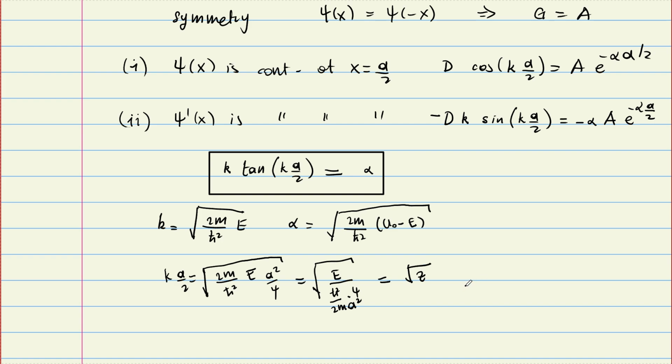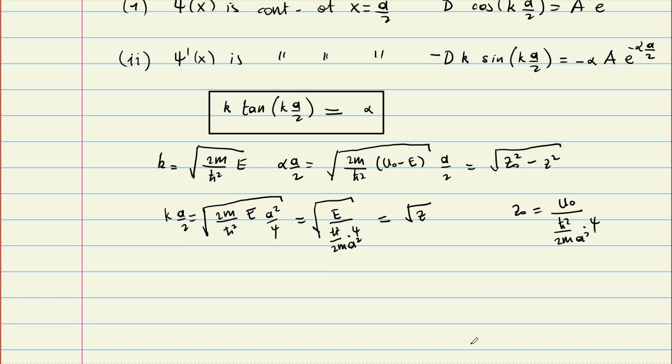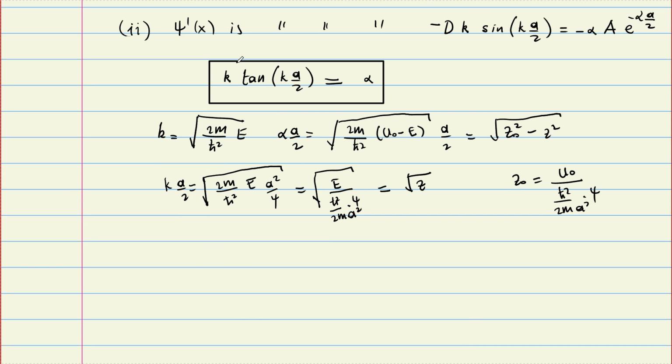Okay. And if I do exactly the same thing, so multiply alpha with a over 2, we are going to find this to be z naught squared minus z squared. And this z naught is another dimensionless number I defined, u naught divided by h bar squared over 2m a squared times 4. So at the end, let's write this equation one more time. I think 2 is left there.